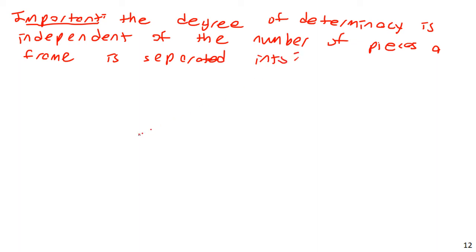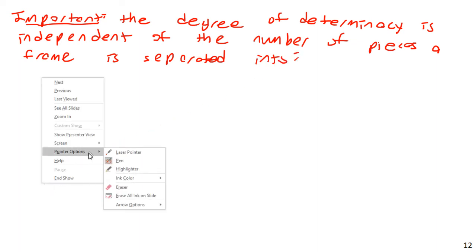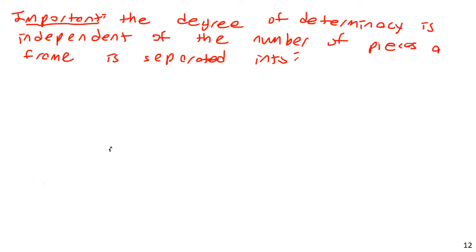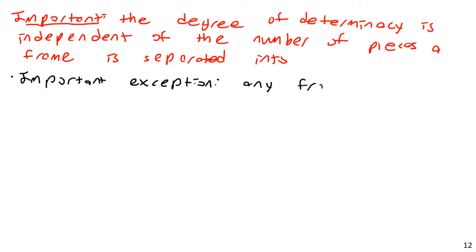Let me show you by example. So let's say I have a simply supported frame here. Also, I can give another note here. There is one important exception to this: any frame that has a closed loop of members must be broken up.